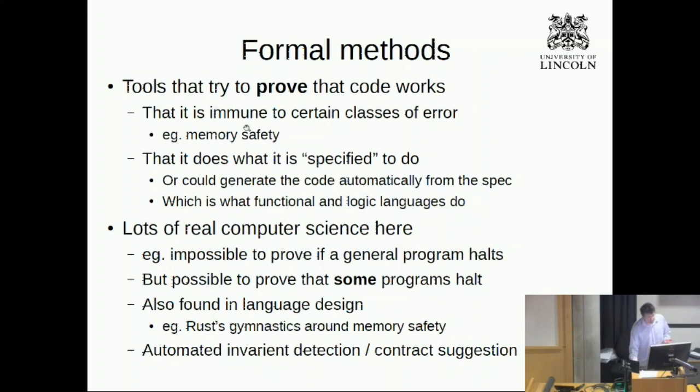And that's exactly what you get in functional programming. You can, for example, write a function in assembly language that will add up all the numbers in a list. And you can write a functional specification that asserts that the sum of everything in the list is going to be the sum of the first element in the list plus the sum of the rest of the list.